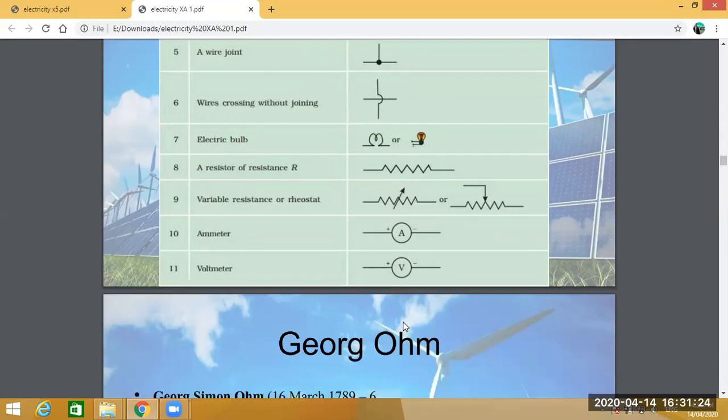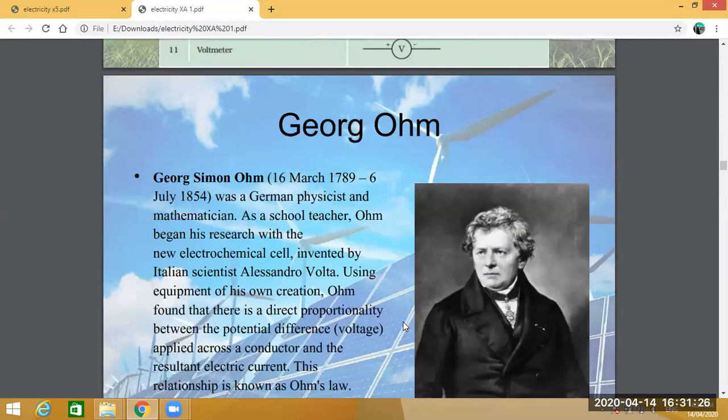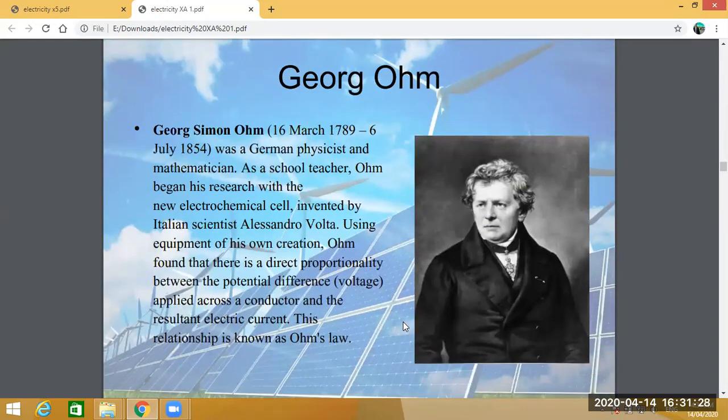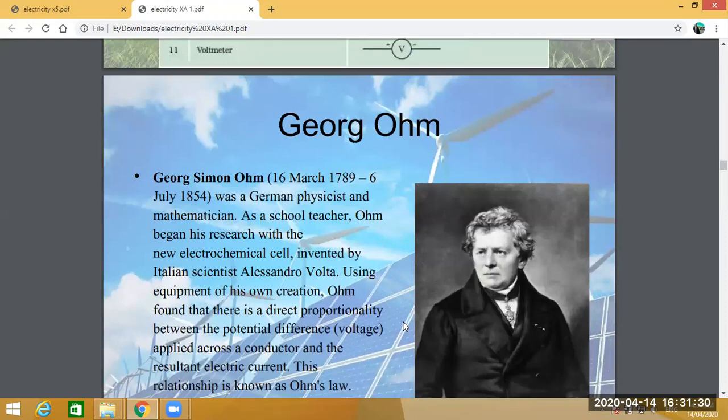Next, now we come to Ohm's law. Just to have a brief introduction about Georg Simon Ohm. His full name is Georg Simon Ohm, who was born on 16th March 1789 and departed from this earth on 6th July 1854.